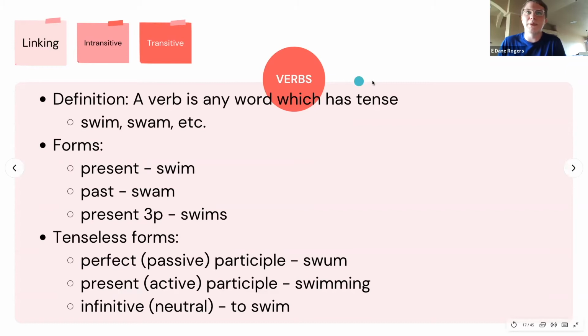Its ability to be a verb is that it can shift between times. So here, swim and swam, present tense and past tense. English only has two pure tenses, present and past. All other tenses are made with auxiliary verbs. So it's present tense swim and it's past tense swam.